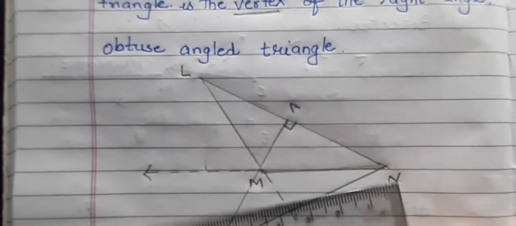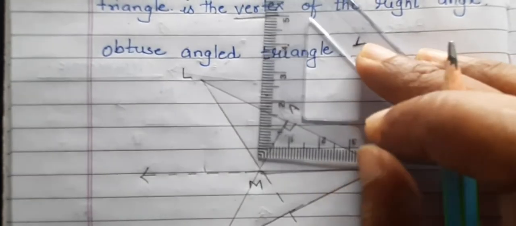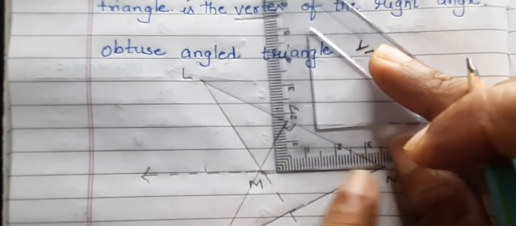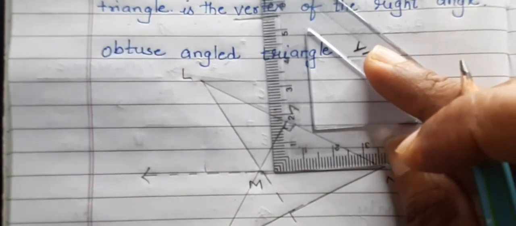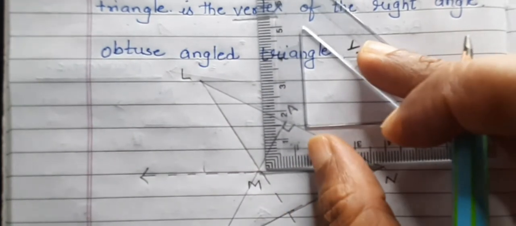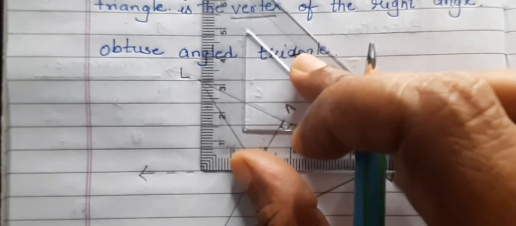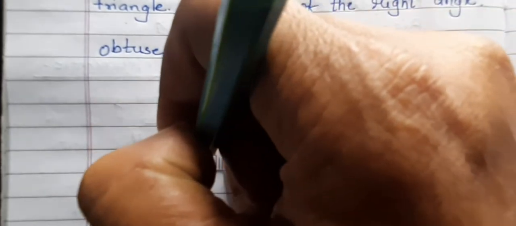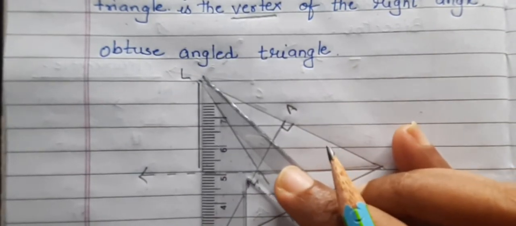Now for this line MN, I have to draw the altitude from L. See how I have placed my set square. On this line I'll be sliding so that I get point L, perpendicular to the line. Then I'll pull this down so that I may extend further.